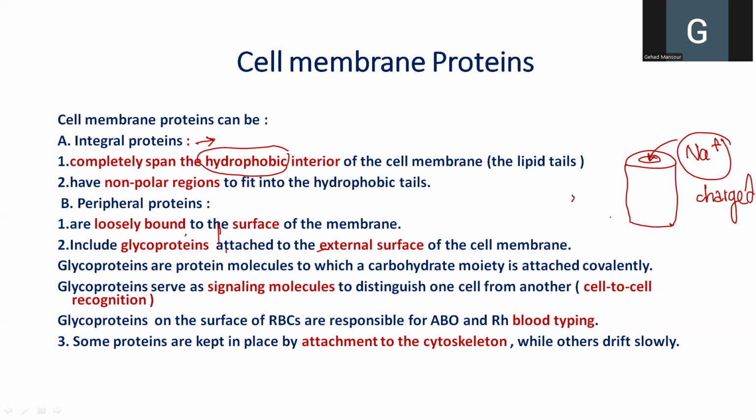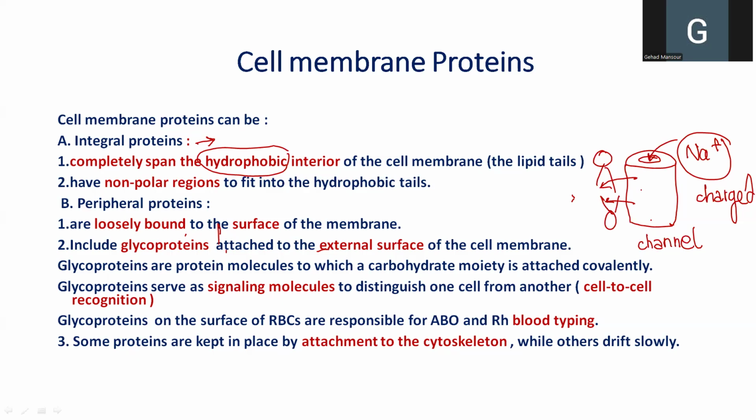But the outside of this sodium channel will be in contact with the lipid tails. So those outside portions of the channel that are in direct contact with the lipid tails should be hydrophobic. And this is how an ion channel or a channel in general helps the passage of polar substances or even charged substances, by having hydrophilic internal residues of amino acids to allow the passage of the ion or the charged molecule.